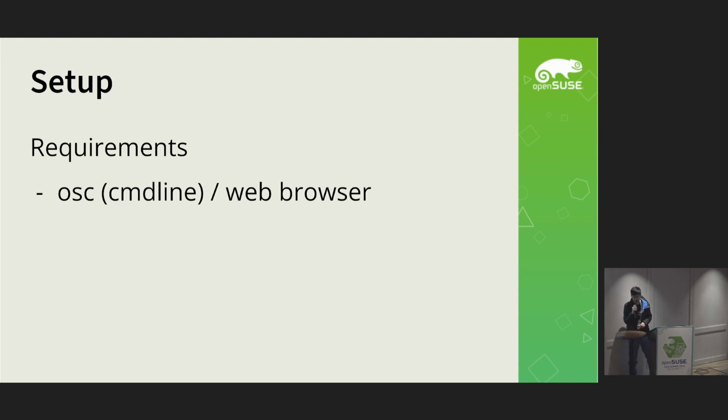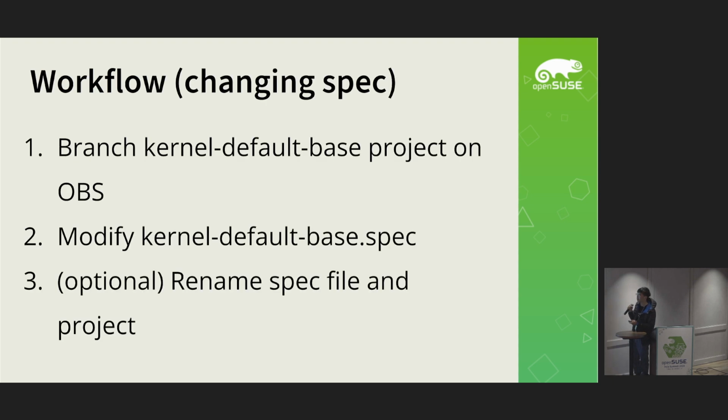So for that, the only tool you need is probably a web browser if you don't want to use the command line. A web browser can do the branching and also it allows you to edit a specification file just through the web UI. And for that, again, we still use branch, although I don't think it's really necessary, but branching should still be good.